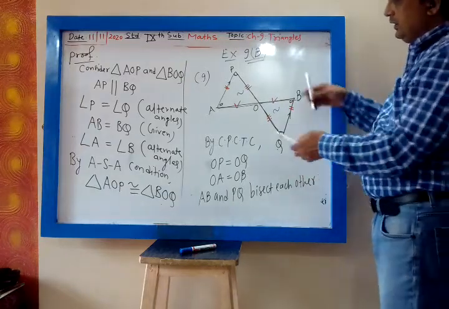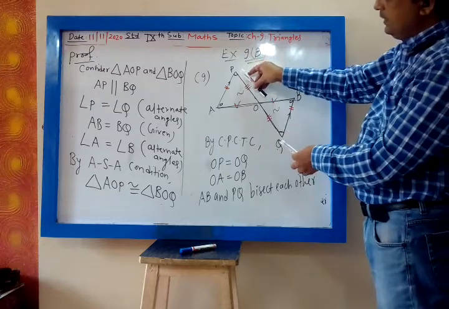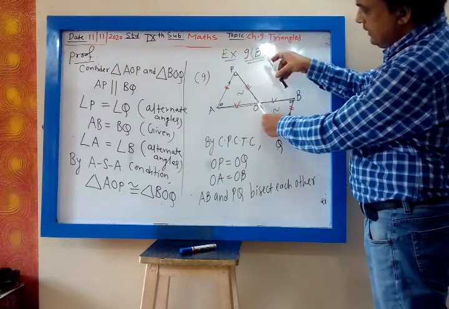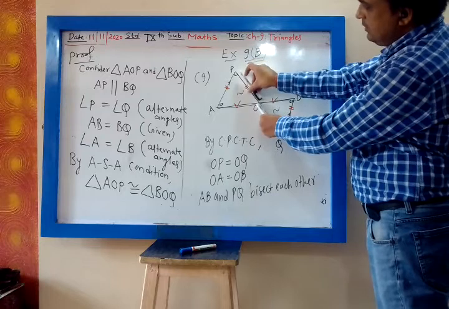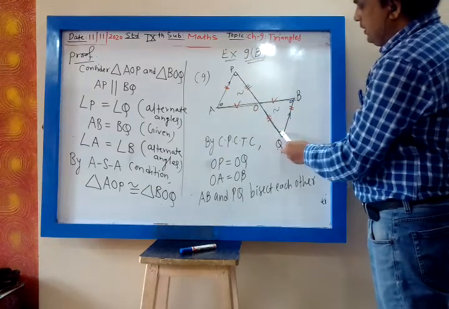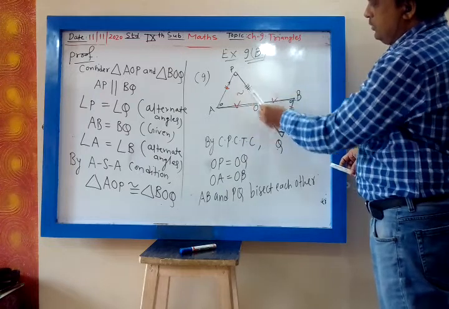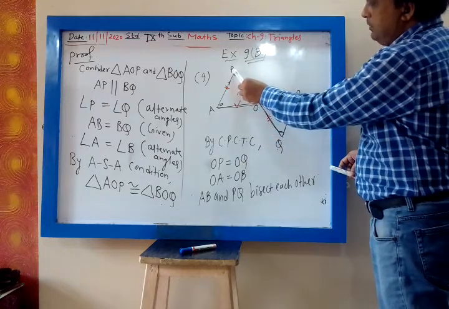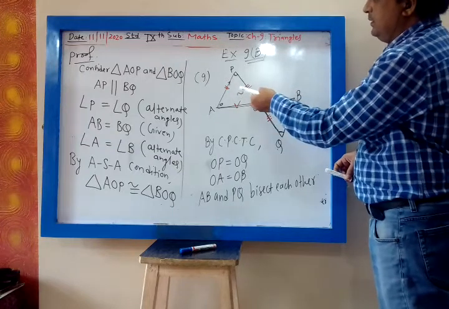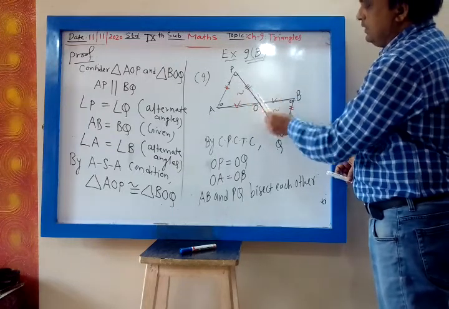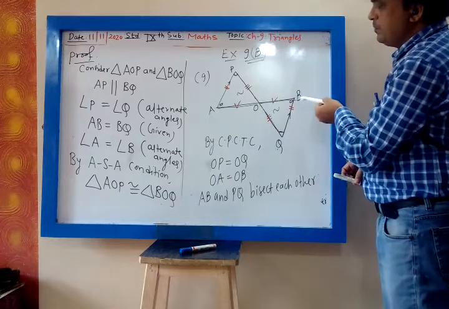Last one. See, by CPCTC, this side will be same as this side. Yes or no? When this side is same as this side, that means PQ is divided into two equal parts. That means line PQ is getting bisected. Line PQ is getting bisected by which line? AB.